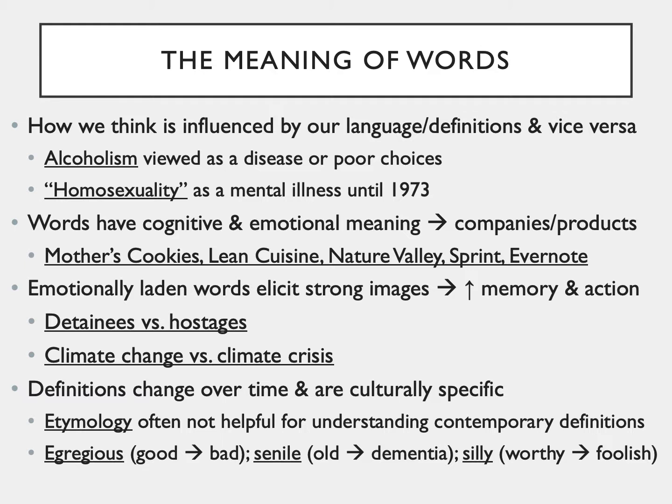Another example is in terms of homosexuality, which was actually a mental illness until 1973. This leads me to an important point about who gets to define the terms that we use in our language. In the case of homosexuality, the APA, the American Psychiatric Association, got to define the term.